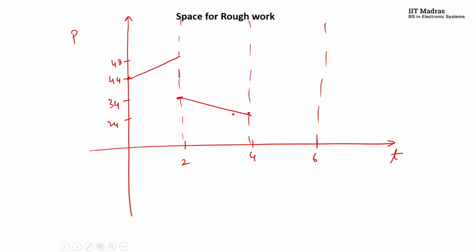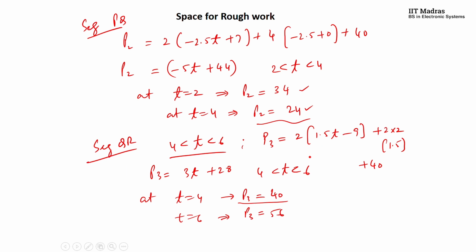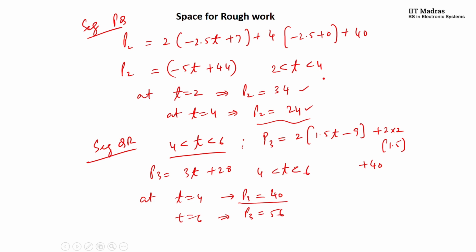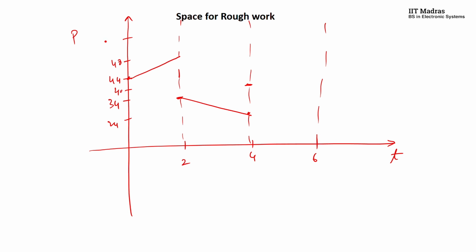Now similarly, in the third segment you had a jump from the previous segment. You had 24, but in the third segment at the same value of time you had 40, and you are jumping to 56. So you would have this value somewhere to be 40. That means in the third segment you will reach 40 first, and from there you would go to 56. 56 may be somewhere here.